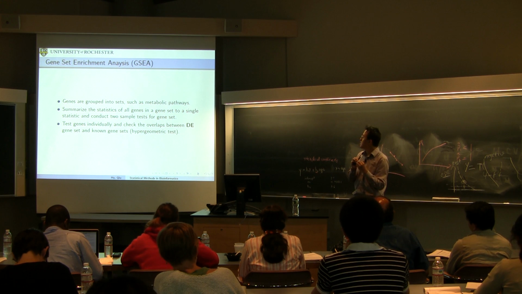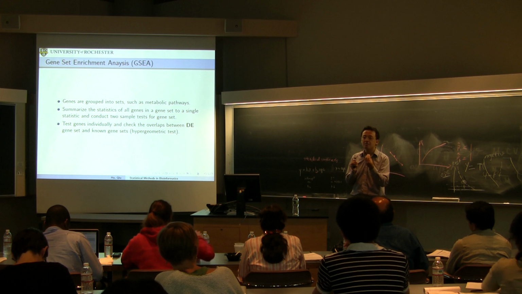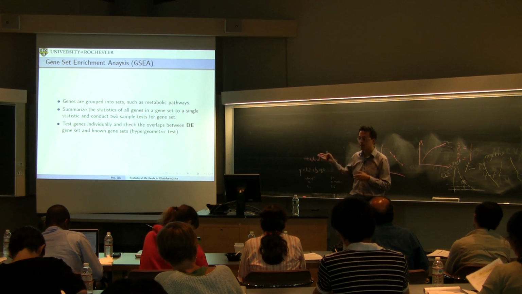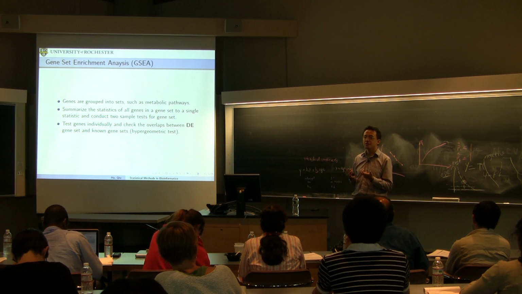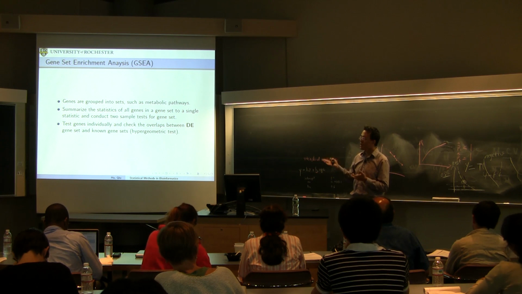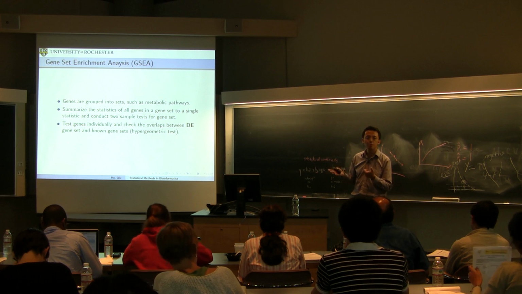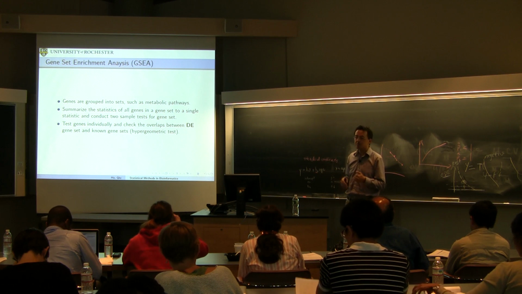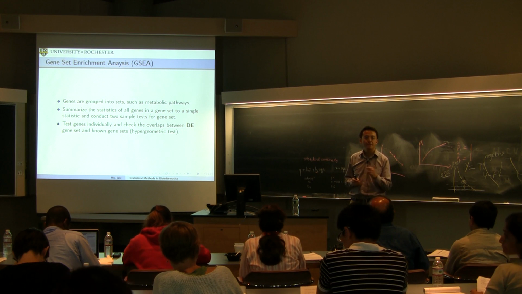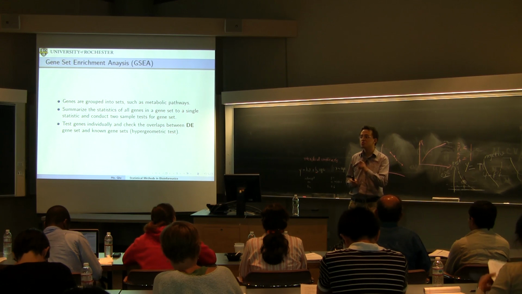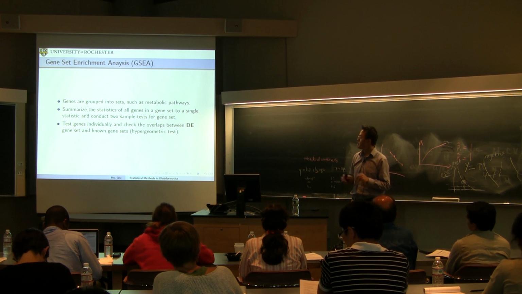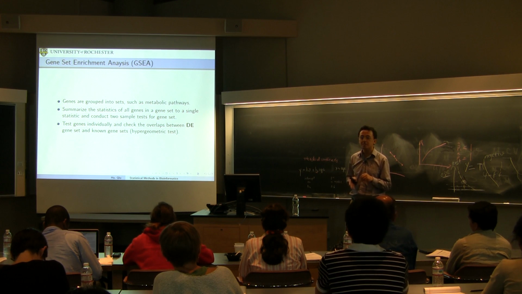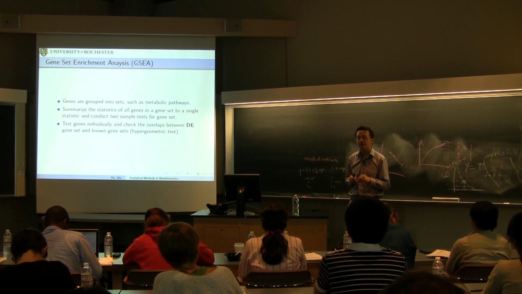So for the 8,000 genes we have, maybe underneath there are essentially 80 groups, each with 100 genes, for example. At the end of this analysis, we will have 80 p-values, each corresponding to a gene set. So you can imagine this method reduces the dimensionality significantly.